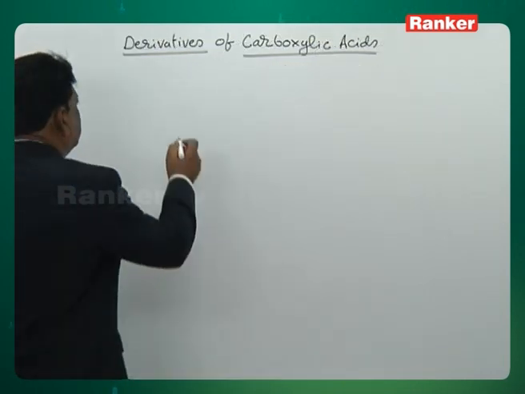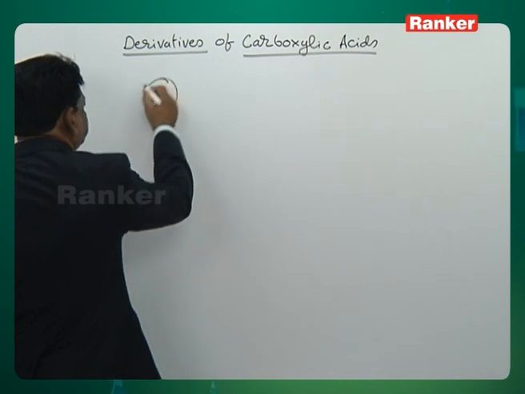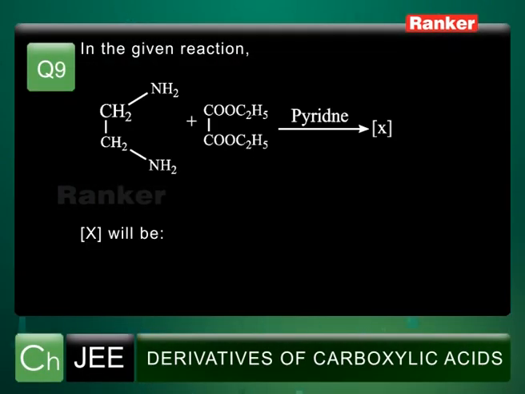So, let us go to question number 9. In this reaction, 1,2-diaminoethane, that is ethylene diamine, is treated with diethyl oxalate, a derivative of oxalic acid, in the presence of pyridine, and compound X is formed. What will X be?